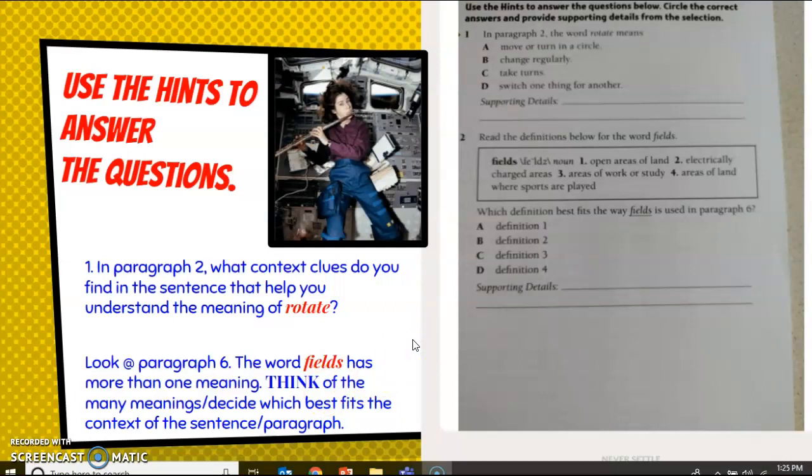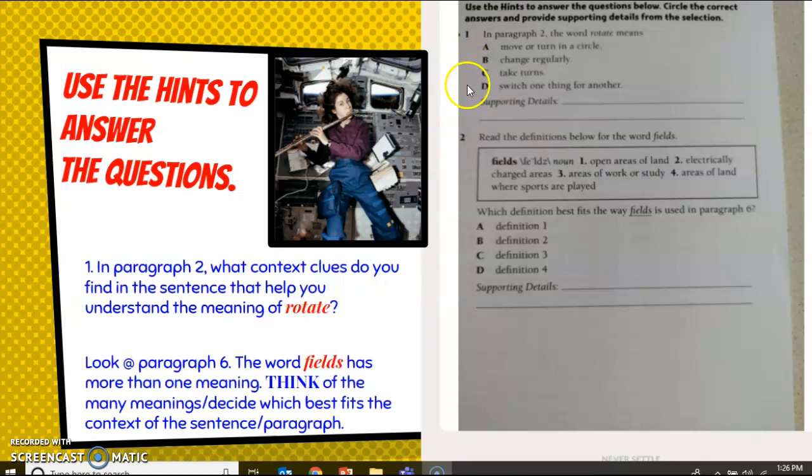Let's look here at the questions. In paragraph 2, what context clues do you find in the sentence that help you understand the meaning of rotate? So when we look at the options here, remember in that paragraph, she was talking about how she created the robotic arm, and it would push and pull and then rotate objects. What do we think the word rotate means? Is it A, to move or turn in a circle? B, to change regularly? C, to take turns?